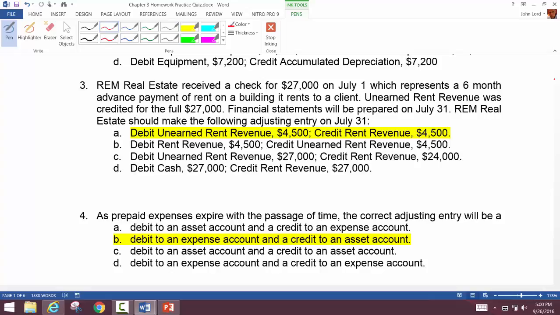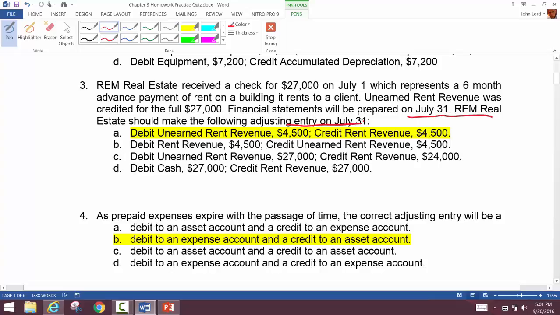Okay, so we have this REM Real Estate, and they received a check of $27,000 on July 1st, which represents 6 months advance payment of rent on a building it rents to a client. Unearned rent revenue was credited for the full $27,000, and now we're going to issue our financial statements 1 month later, July 31st.